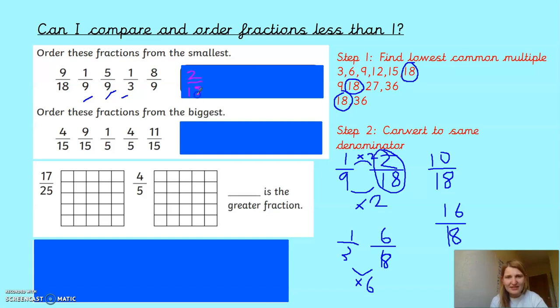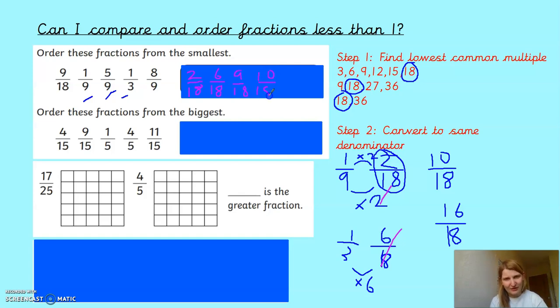Then the next biggest would be 6/18. Next one would be 9/18. Then 10/18, then 16/18. Now, it's really nice and easy once we've got them converted, isn't it?